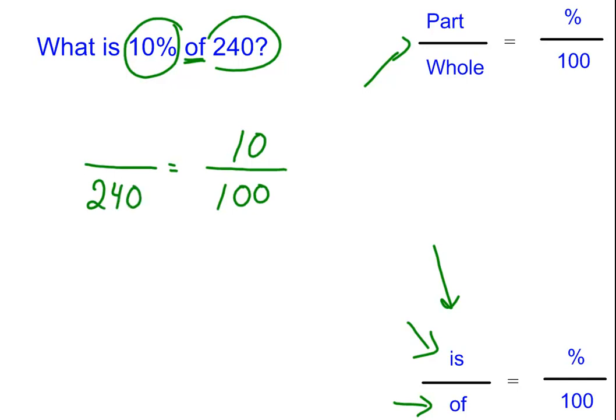And the problem actually just says what is. So in case I wasn't sure, that's where my question is, what is? So I'm going to put an X there to hold that spot, and I know that that's what I'm solving the problem for. So to calculate this, now it's just an equivalent fraction problem, just like we've been doing all along.